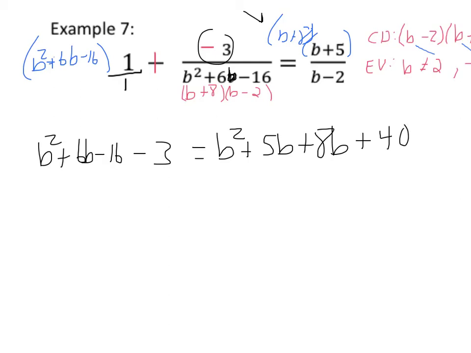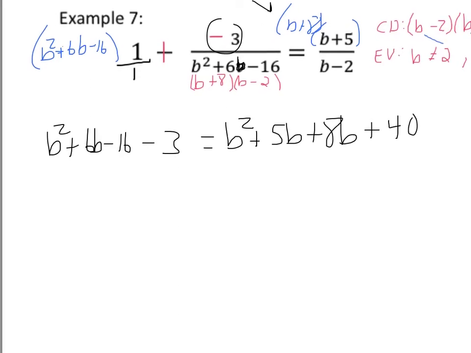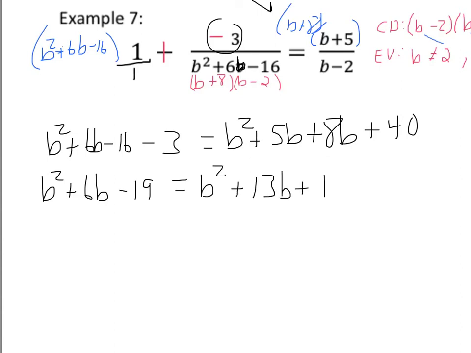So notice that there's a square present, so we have to put everything on one side and set equal to 0. Before I do so though, I'm going to clean up each side. So on this side I have minus 19. On the right side I have b squared plus 13b plus 40.